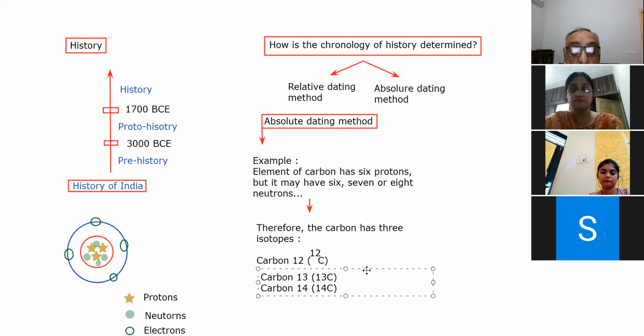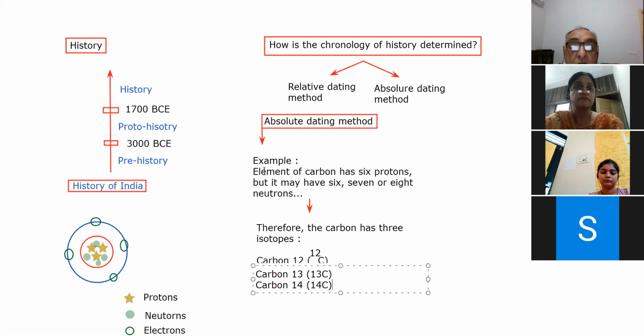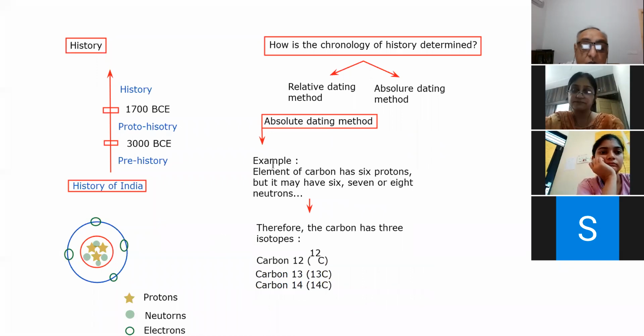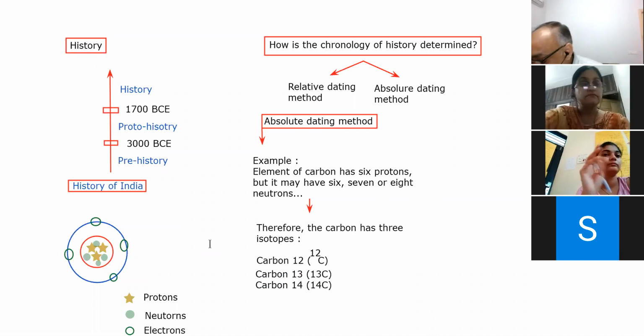Where does 12 come from? 6 protons plus 6 neutrons, it becomes 12. 6 protons plus 7 neutrons, it becomes 13. 6 protons plus 8 neutrons, it becomes 14. This way, there are 3 isotopes of carbon.